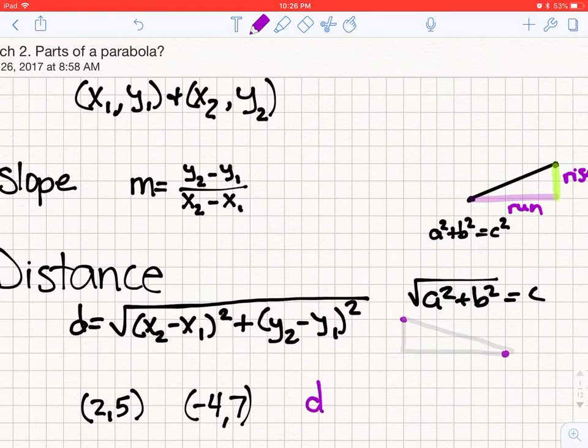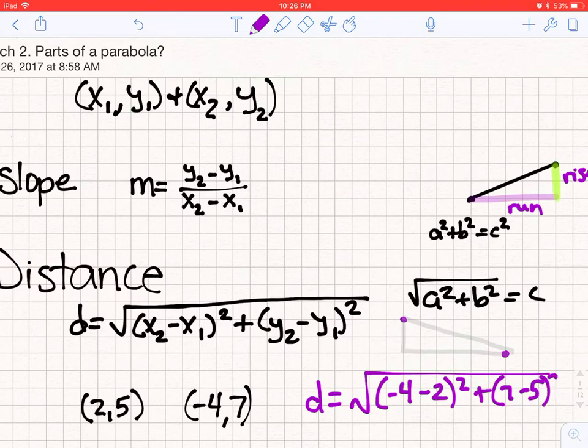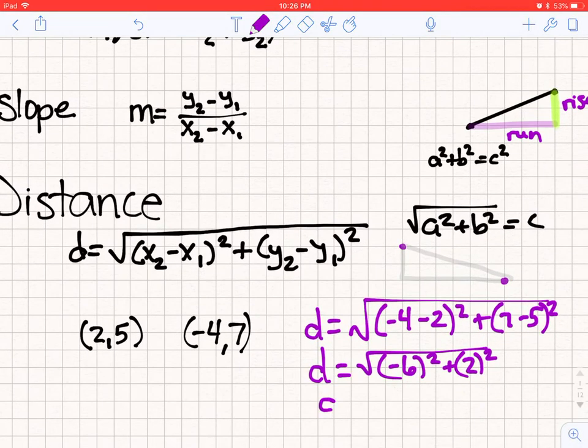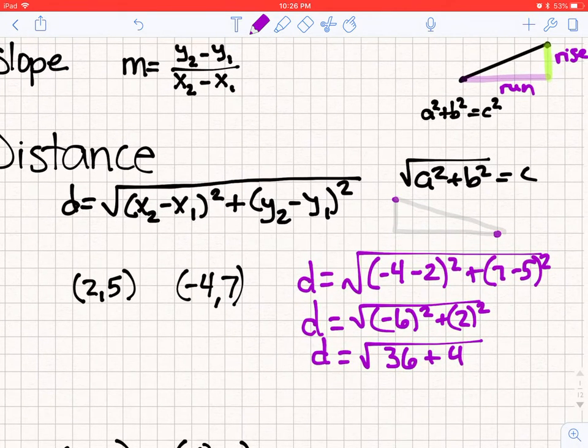So the distance is equal to the square root of my second x value minus my first x value squared, plus my second y value minus my first y value squared. From here, we just have to calculate it. It's a negative 6 squared and a 2 squared. Make sure you know how to use your calculator, because negative 6 squared is actually a positive 36. So I'm down all the way to the square root of 40.